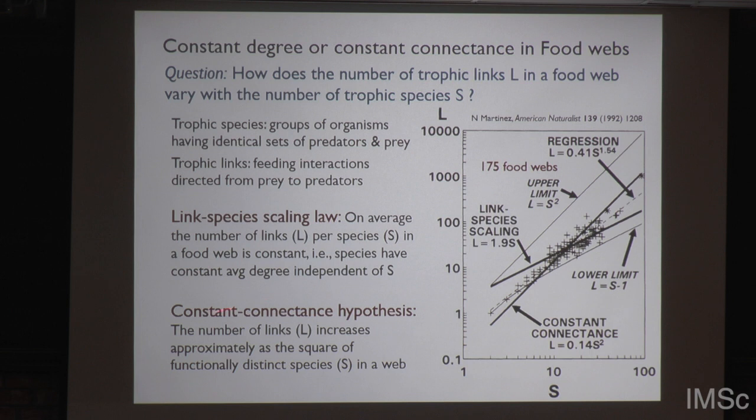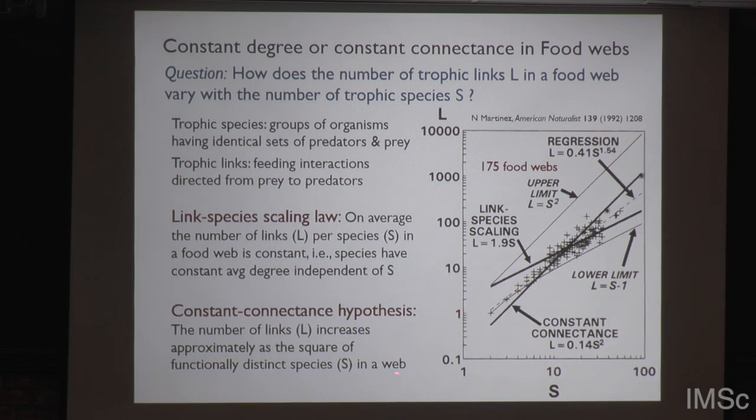On the other hand, there is the constant connectance hypothesis, which says that if you have a much richer ecosystem, so if you double the number of species, then species link to many more other species. Their sources of food become much more variegated, so that the average number of connections per species is higher for ecosystems which are much larger.